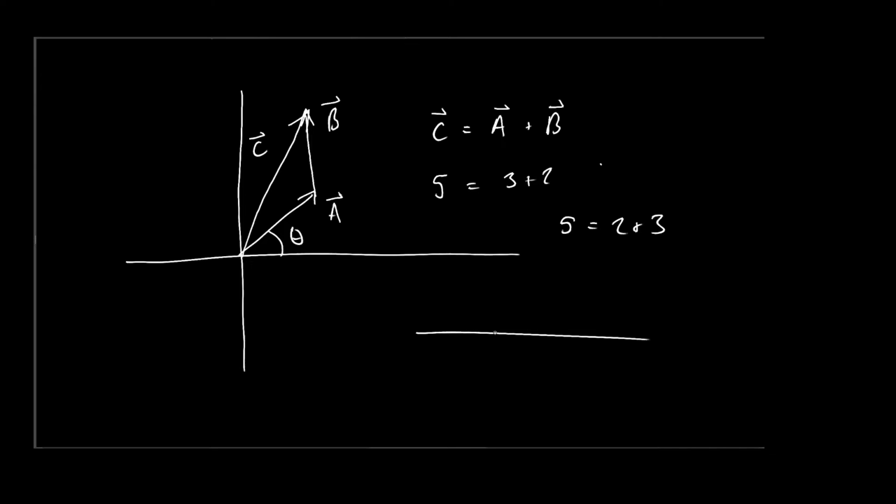If you had some number line, 0, 1, 2, 3, 4, 5, 6, taking 2 steps along the line and then 3 steps along that line is the same as taking 3 steps along that line and then 2 steps along that line.